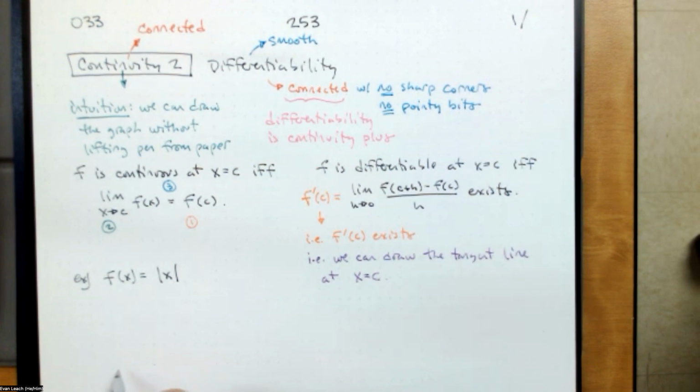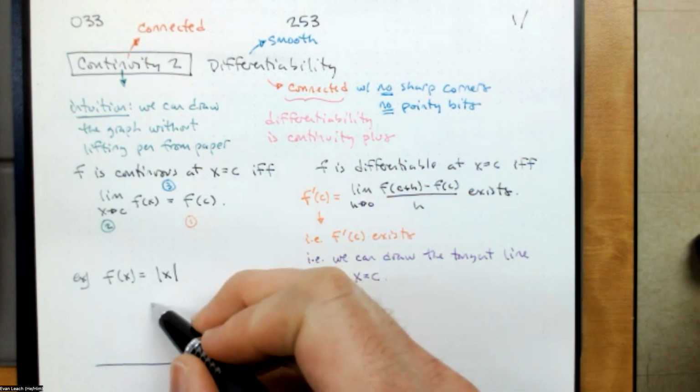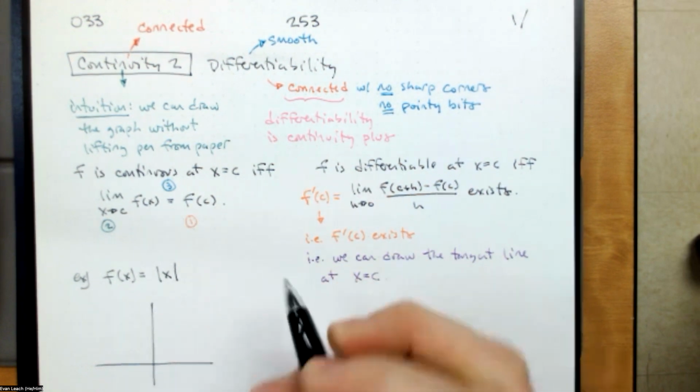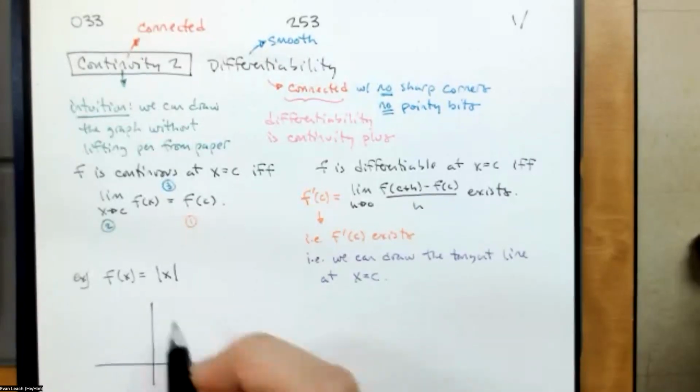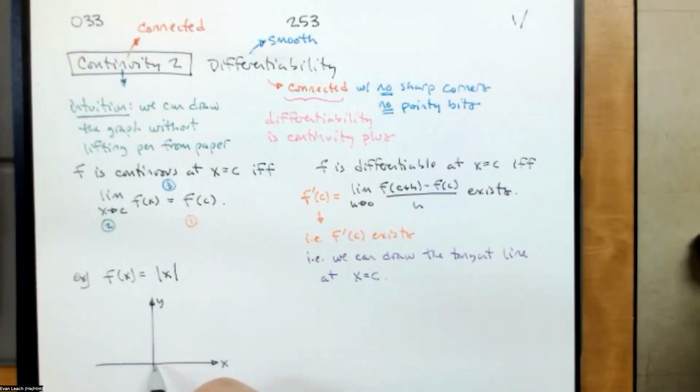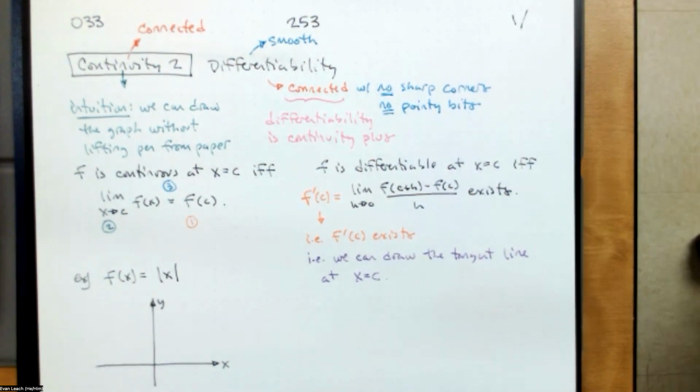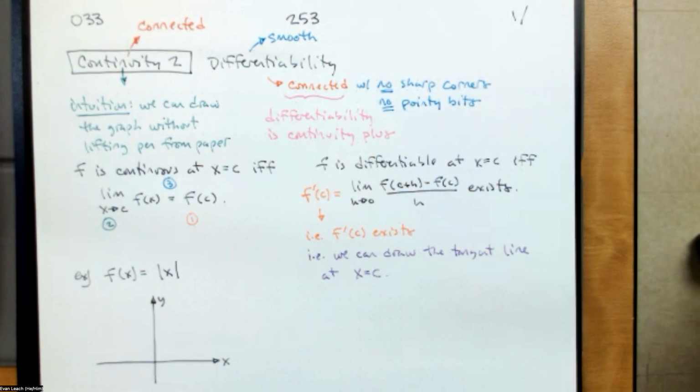If x is positive, then the absolute value of x doesn't do anything, right? It just says, yeah, just keep that number. So we're going to draw a line y equals x.